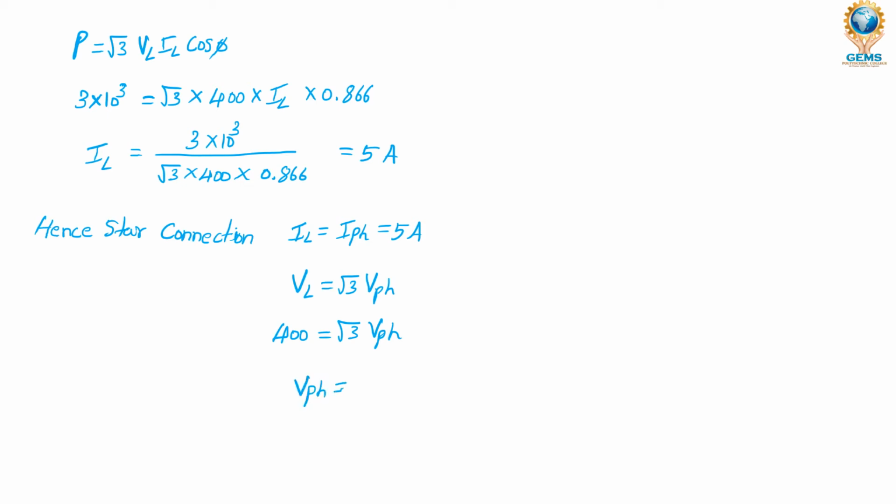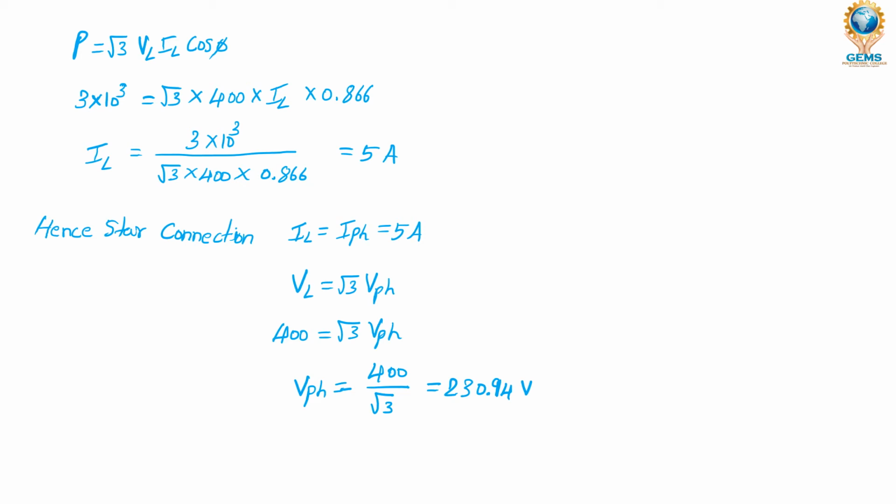V phase equals 400 by √3. Then we will get the phase voltage as 230.94 volts. This is the phase voltage.